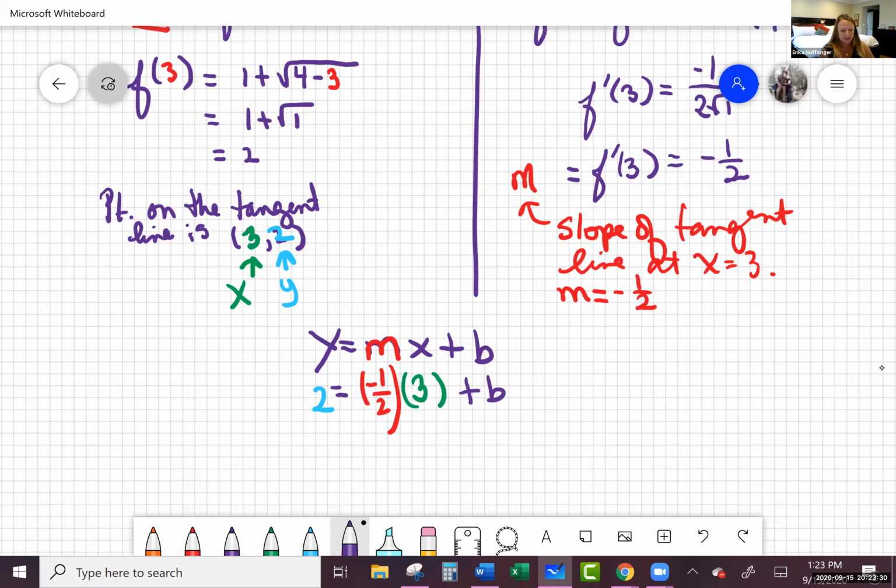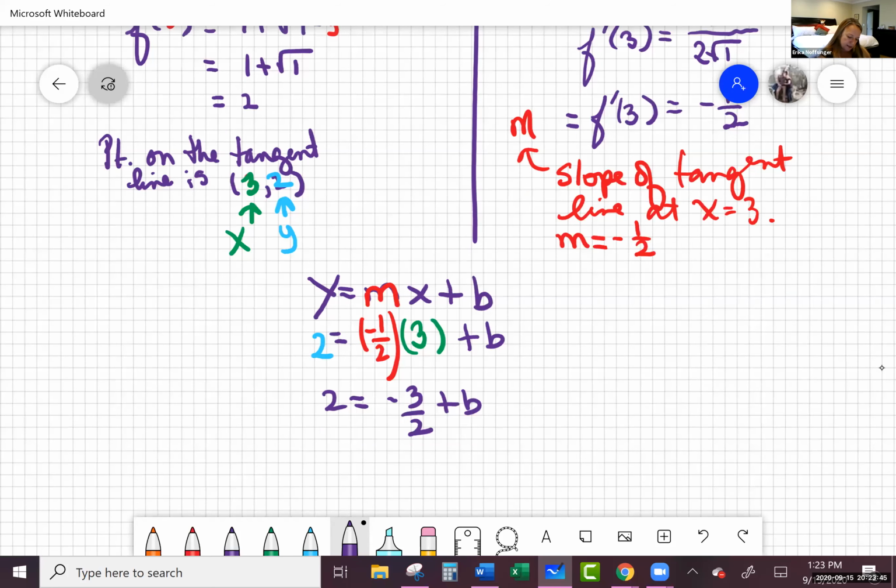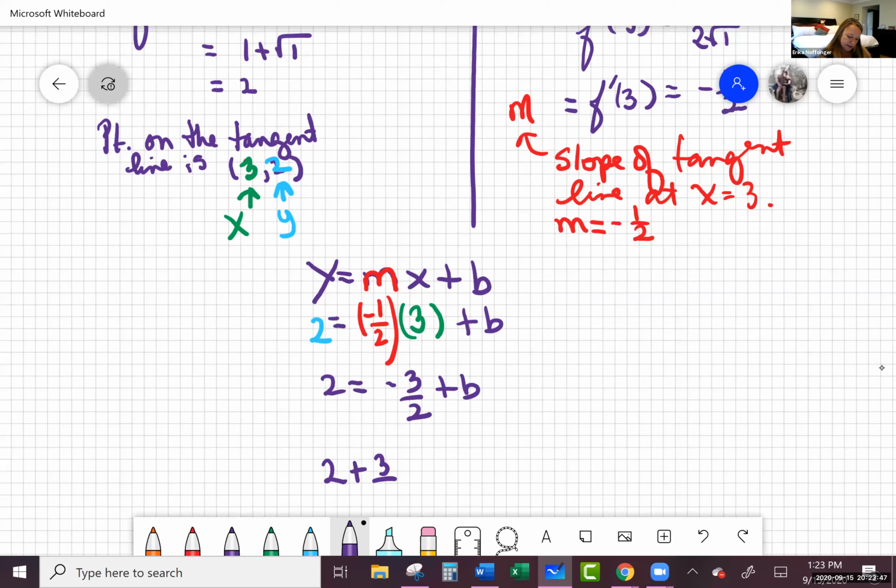So if we solve for b, we know what our equation of the line will be. So 2 equals -3/2 plus b. Add 3/2 to both sides. So 2 plus 3/2 is equal to b. Let's get a common denominator.